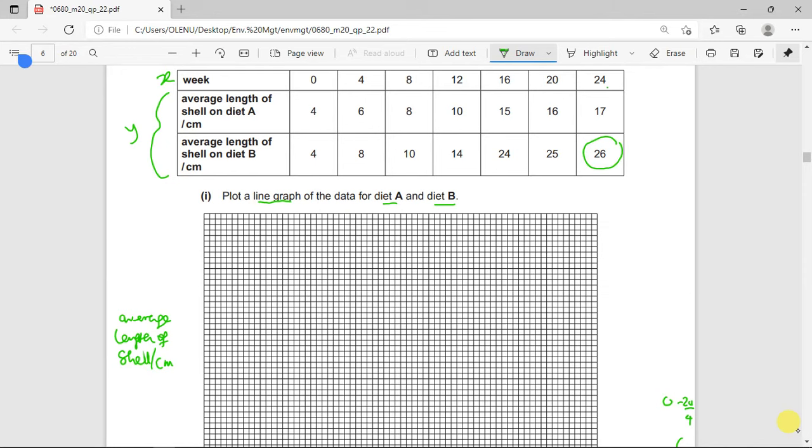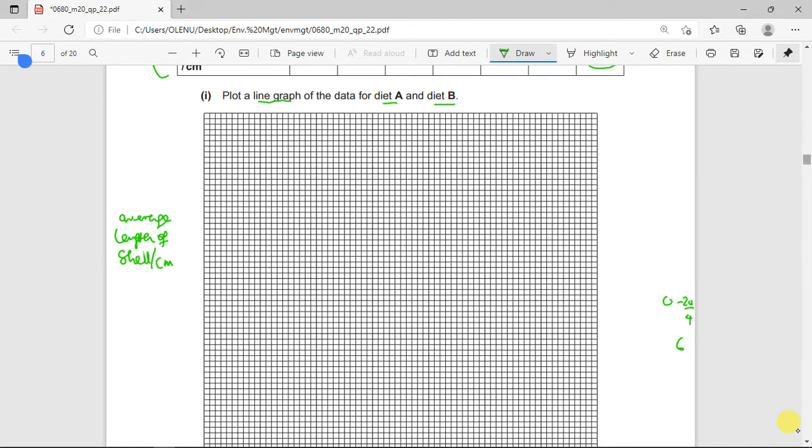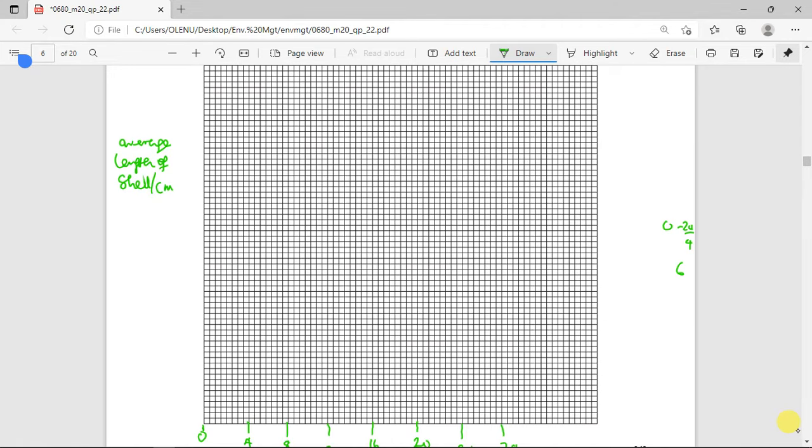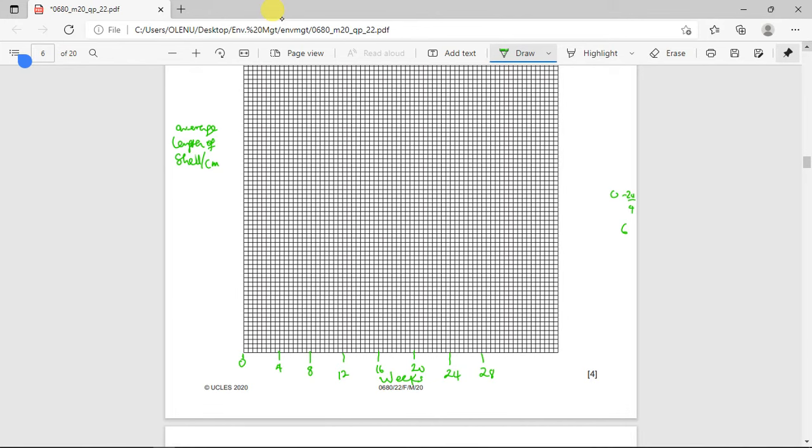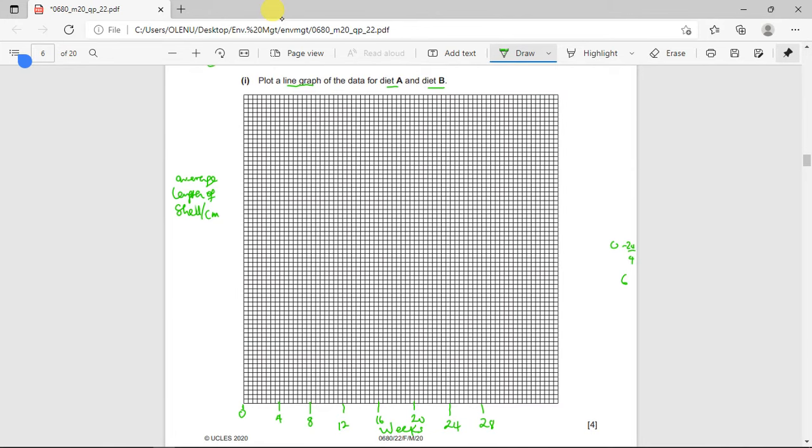I start from 4, so I can decide to make 5 to be 4, since the highest value is 26. I can call it 5, another 5 to be 10.